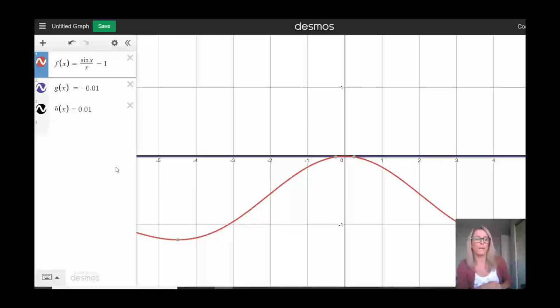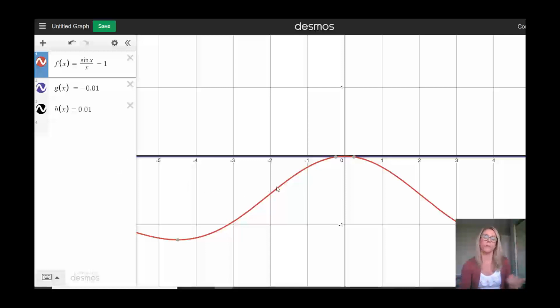So for any student that might be thinking, well, do I have to use the 0.99 and the 1.01? Is it possible to see it more in that sine of x over x minus 1? And you can see that that's what I have over here. It's the first function, sine of x over x minus 1. And then I have that first inequality, the negative 0.01 and the positive 0.01.